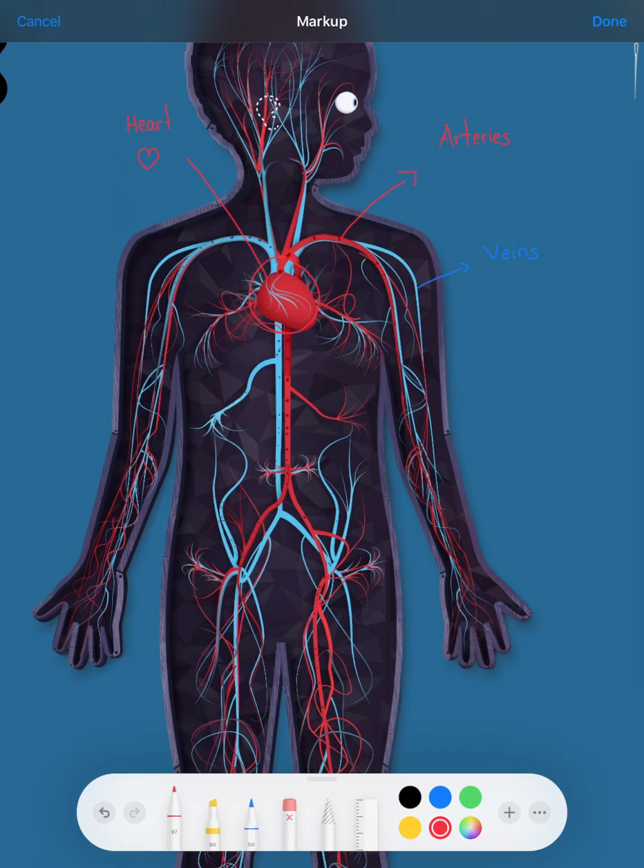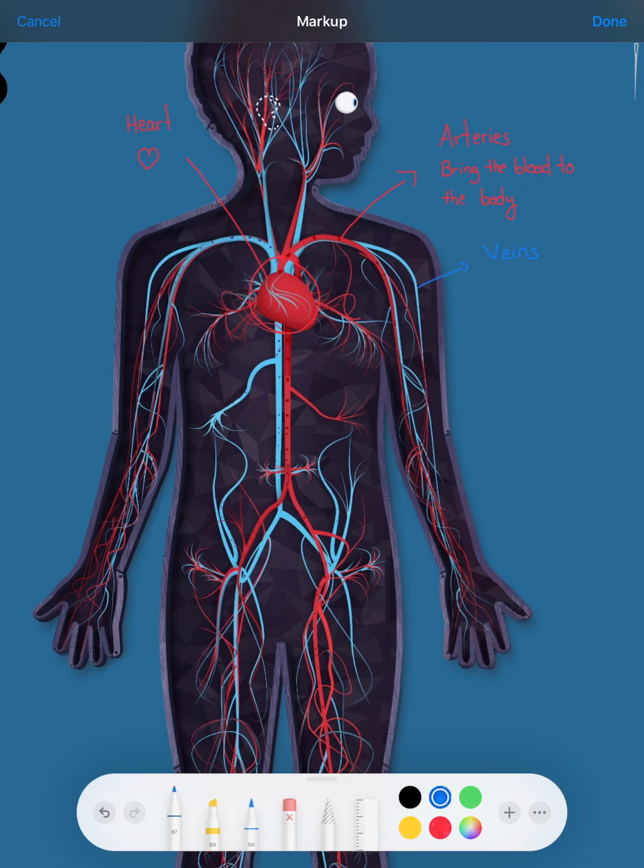The arteries are very important because they bring the blood to the body. Les artères emmènent le sang vers l'entièreté du corps, du cœur vers le corps. Then we have the veins.